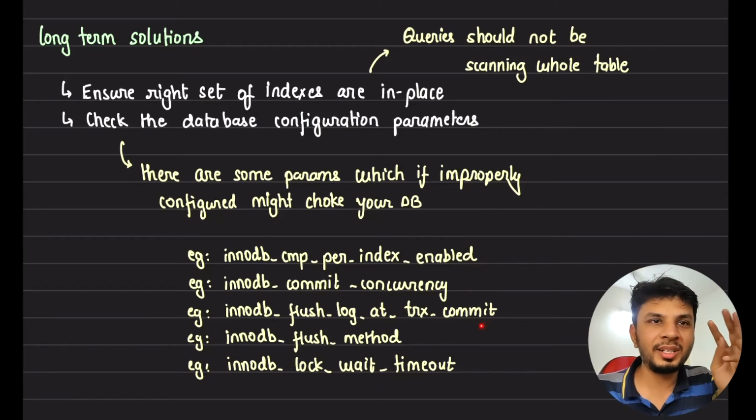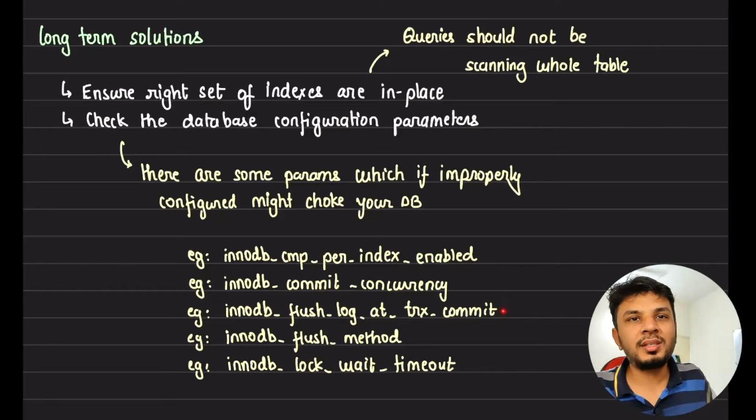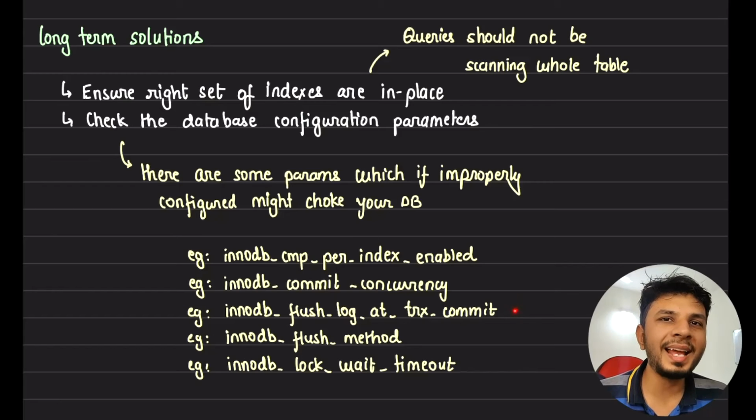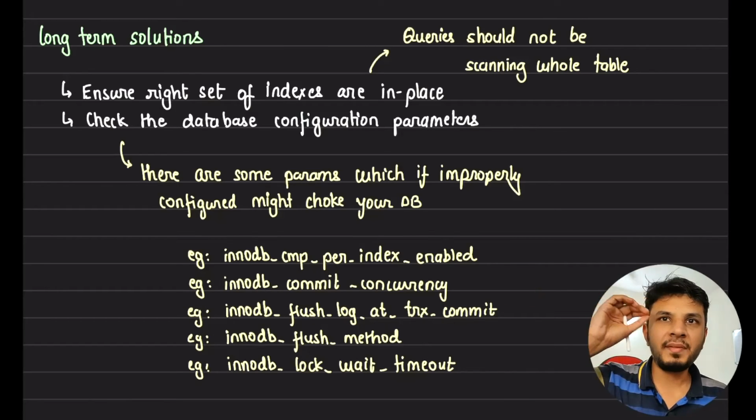The third one is the most interesting one, InnoDB flush log at transaction commit. This is something that can violate the ACID properties of your database. What flush log says is that whenever you make a commit, should you be flushing the commit log immediately or every 1 second?